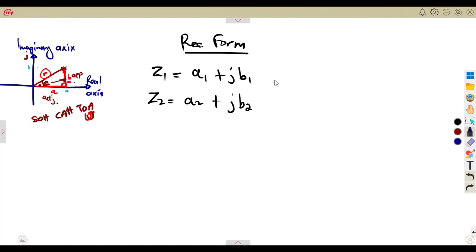So if I was to find Z1 plus Z2, I simply add the real part together, A1 plus A2, plus J, the imaginary part on its own, which is B1 plus B2. So it's easier for us to perform addition.